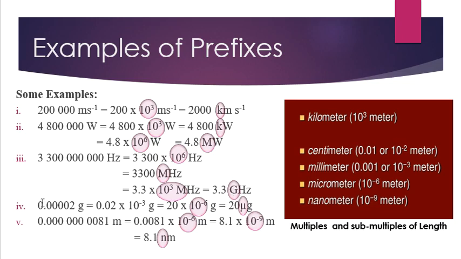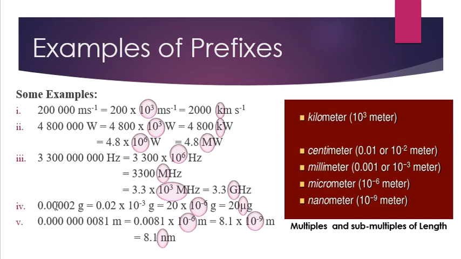Now let us look at the fourth example. You can see the fourth example here. We have a digit with a decimal point such as 0.00002. So if I move this decimal point to just before the 2, so I am shifting 1, 2 and 3, so it would be 0.02 multiplied by 10 raised to power minus 3.